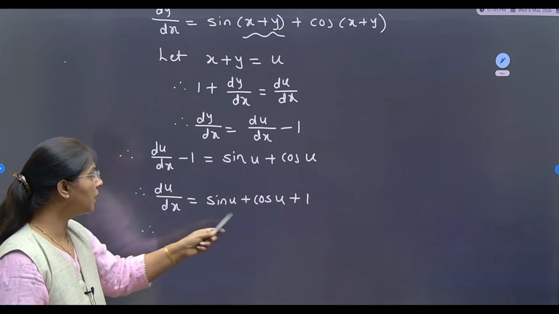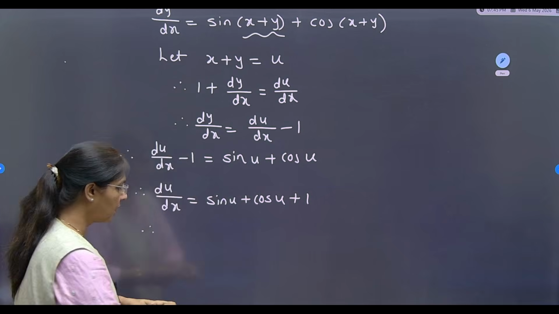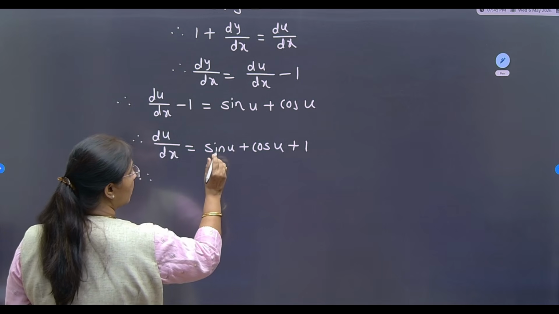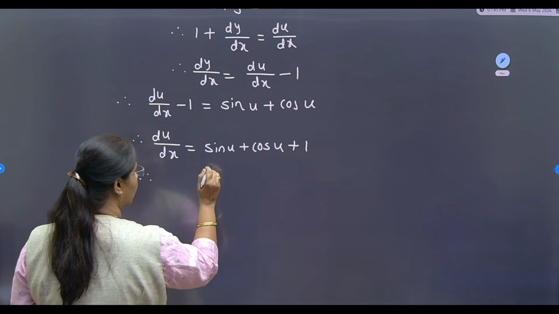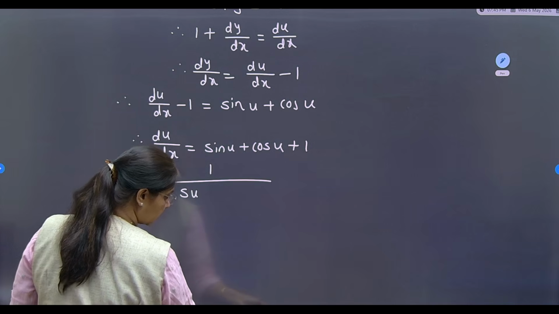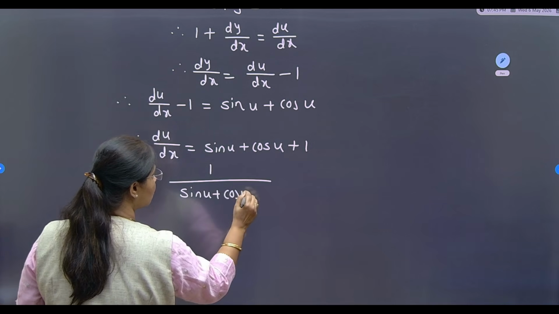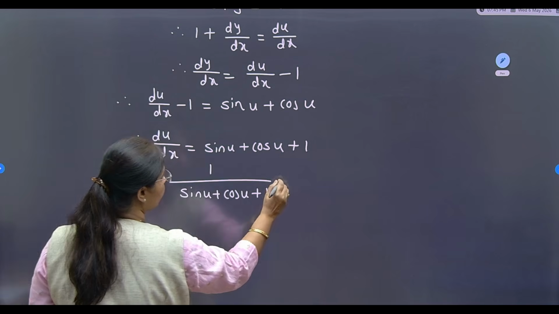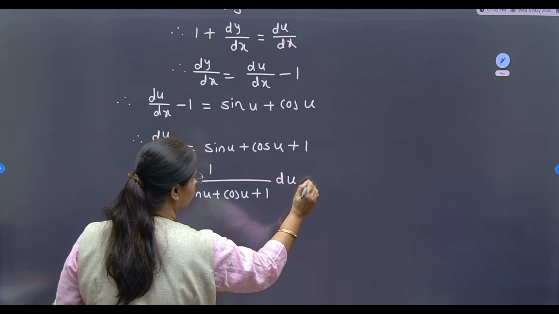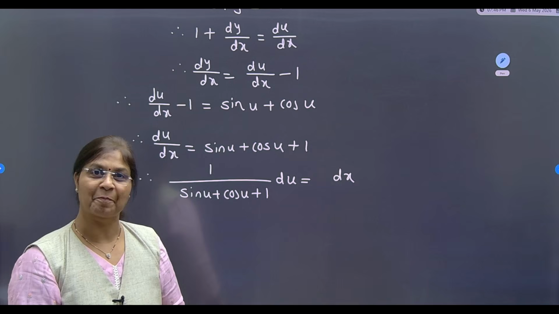After substitution, reduce the given form into variable separable form. In variable separable form, du/(sin u + cos u + 1) = dx. This is in the variable separable form.